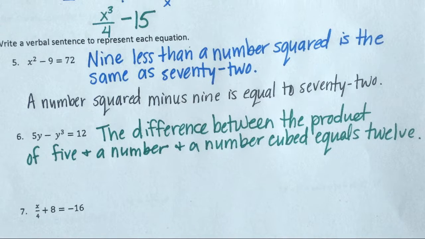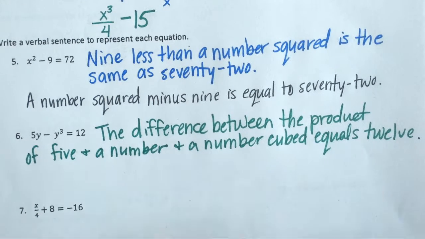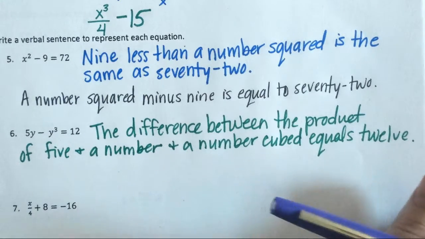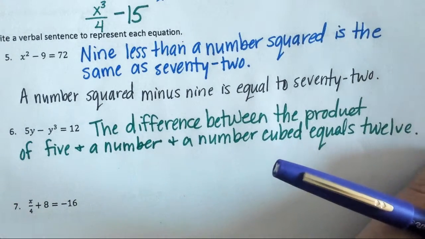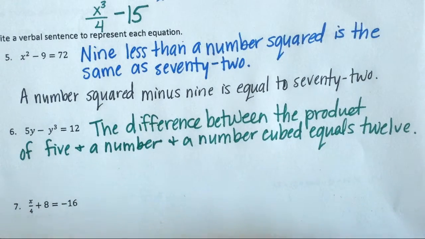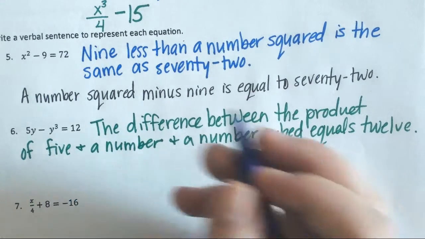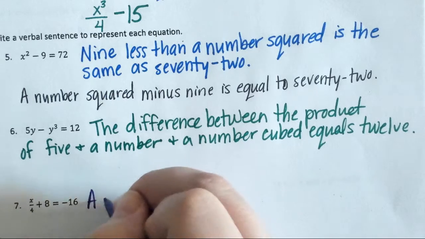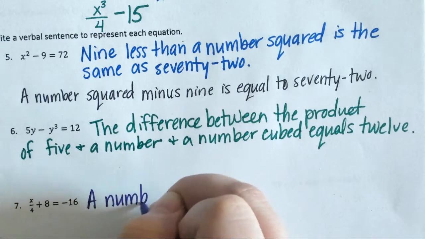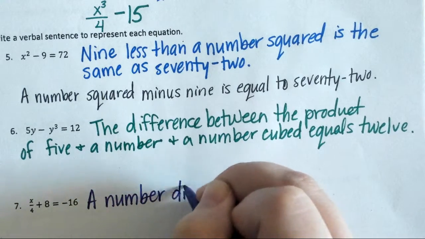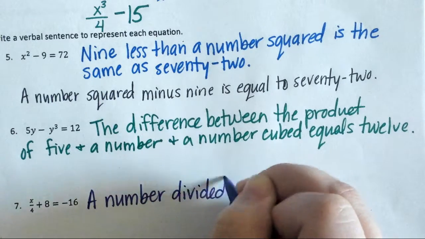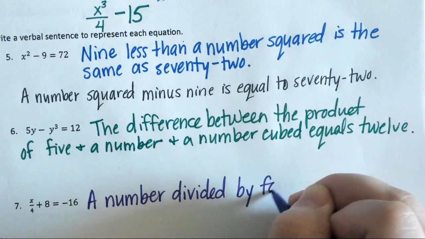Okay. And then for number 7, any help with that one? Because if you don't help me, I'm going to fancy it. A number divided by 4 added to 8 is equal to negative 16.